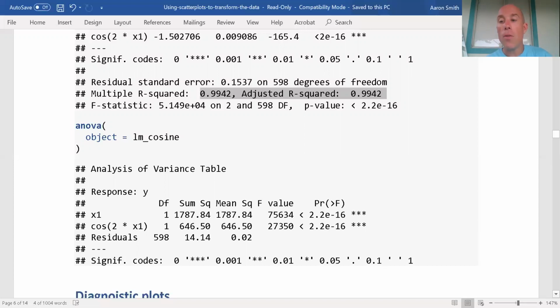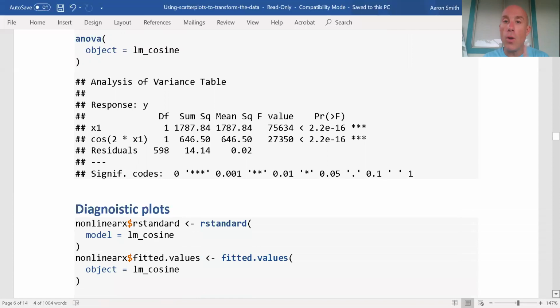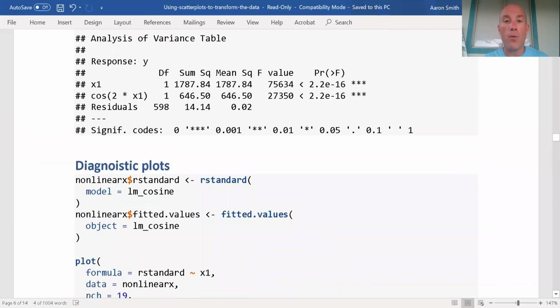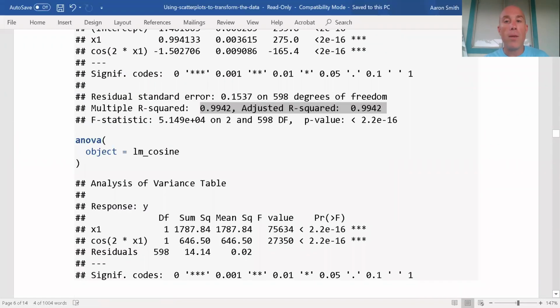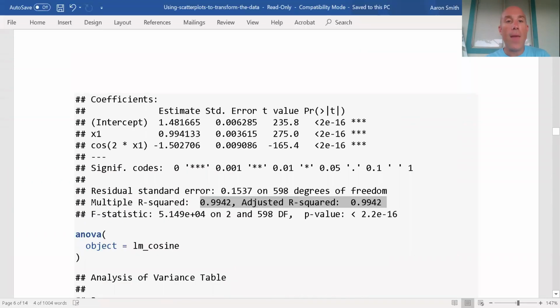Okay, well, let's look at the diagnostic plots. There's a good lesson in the diagnostic plots here. First, I want you to take a good hard look at the output of the summary statement. Everything is statistically significant within machine accuracy, which is consistent with things being good.